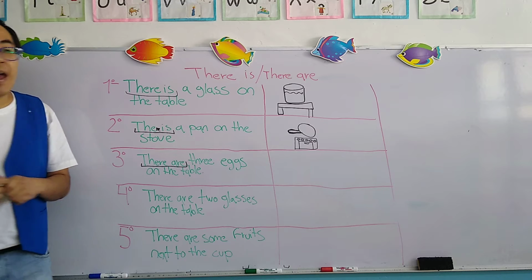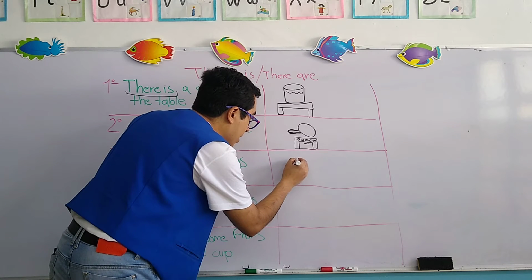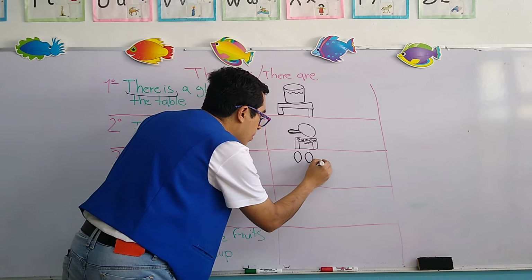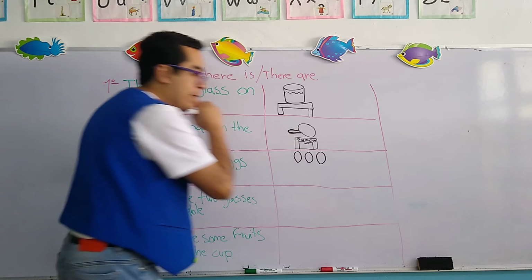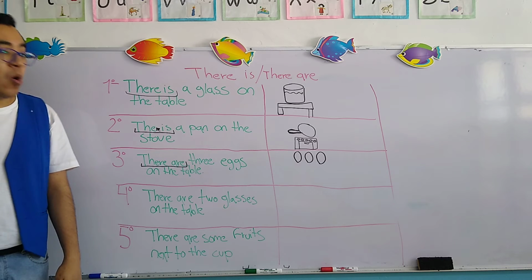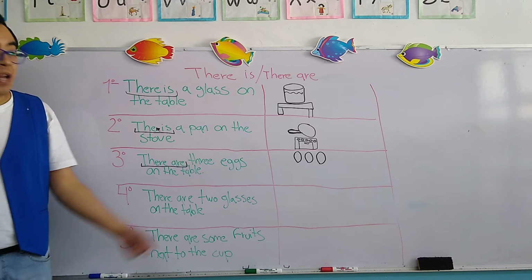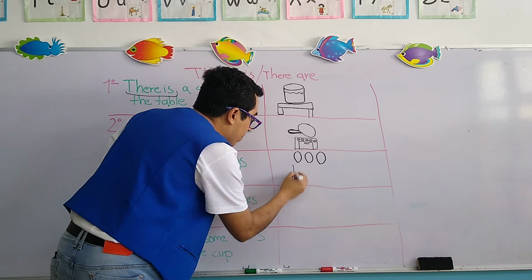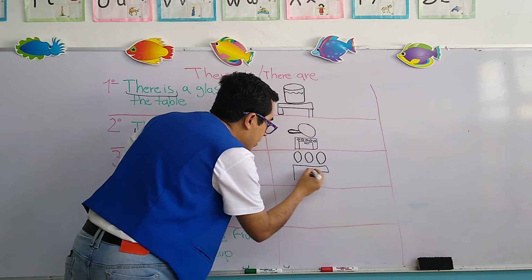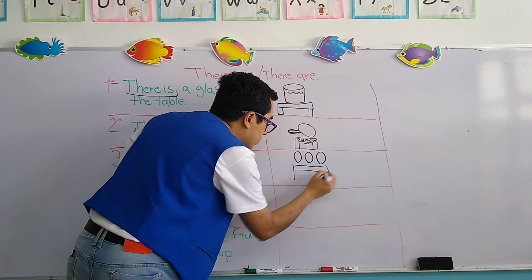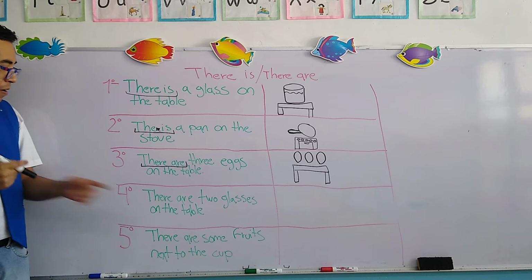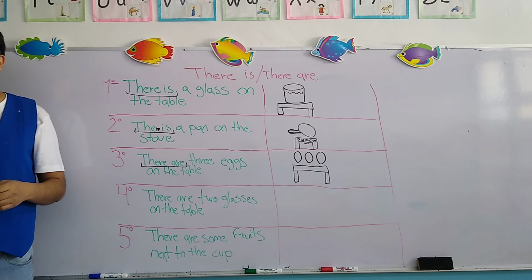There are 3 eggs. Now remember, the eggs look like an oval. 1, 2, 3. There are 3 eggs on the table. Remember the prepositions of place. The eggs are on the table.